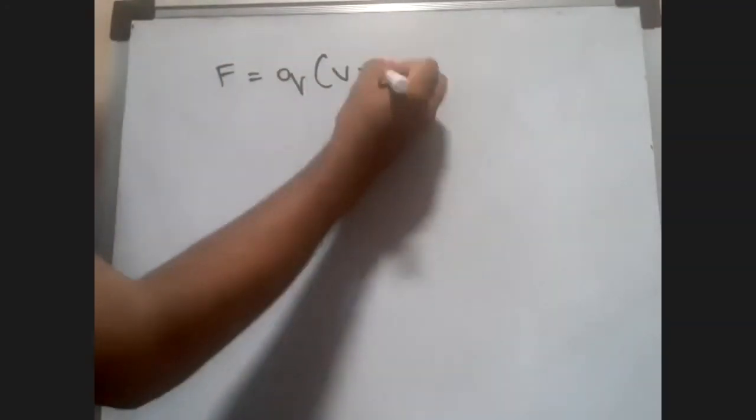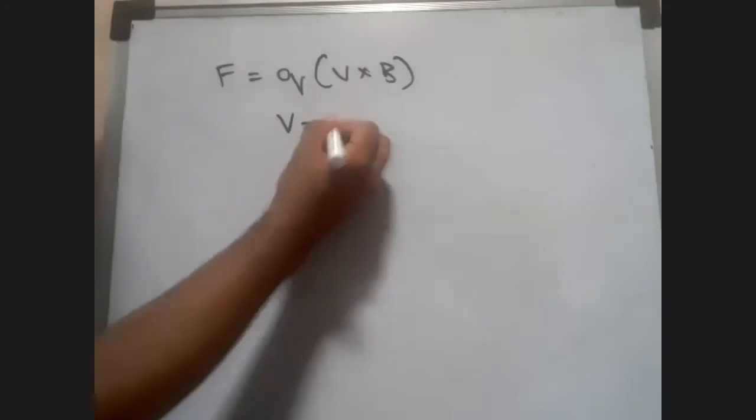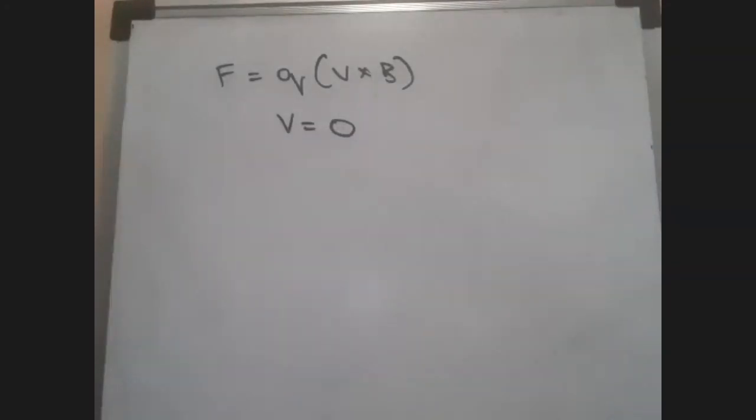Also, we know that force is equal to q v cross B, and if the velocity itself is 0, students, this is important.